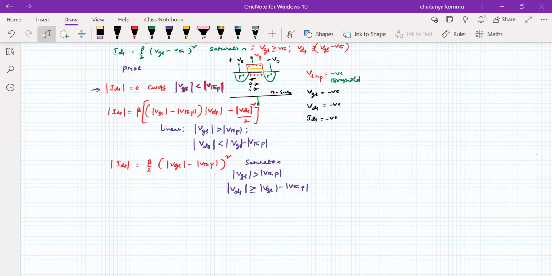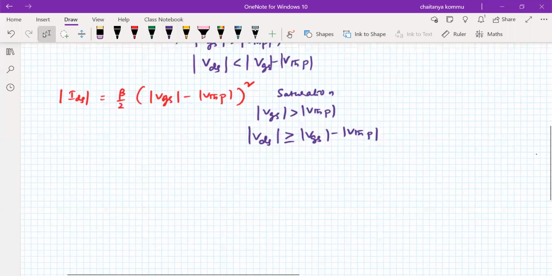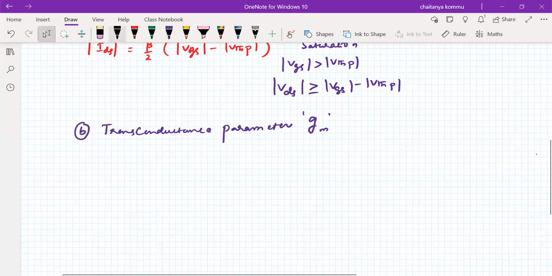So this is what we have introduced today. In the last class we saw another point: we derived the transconductance parameter, called GM. Why have we calculated GM?